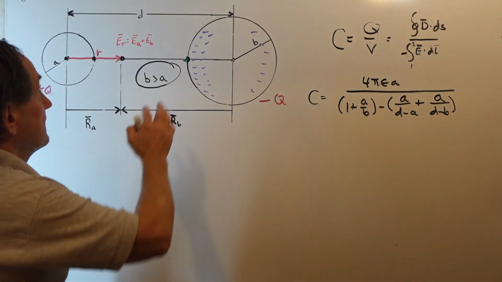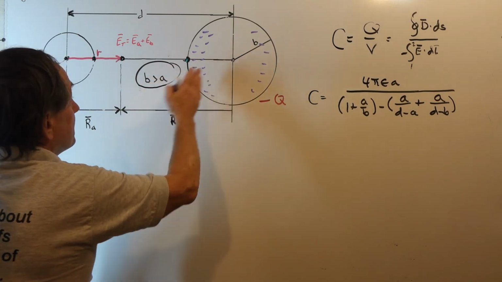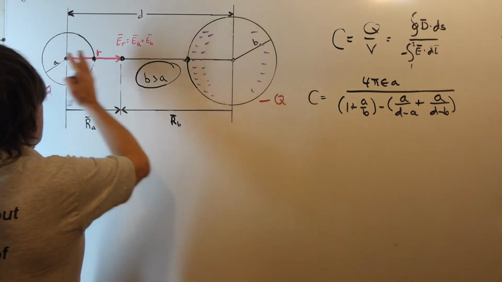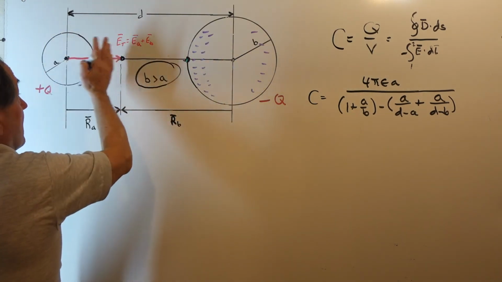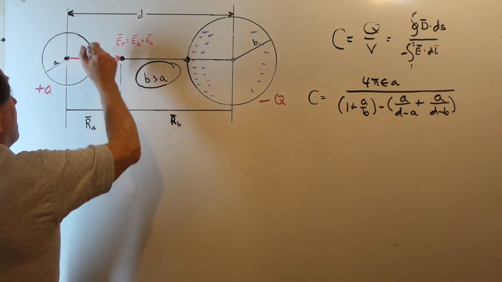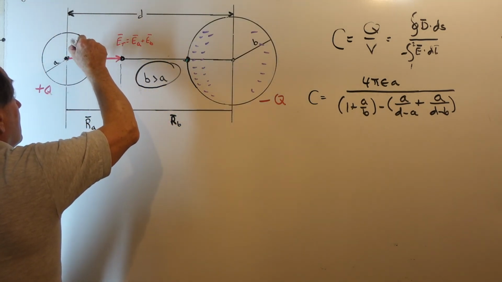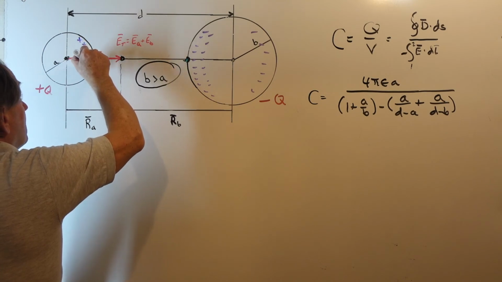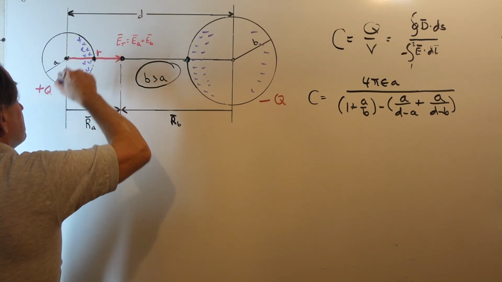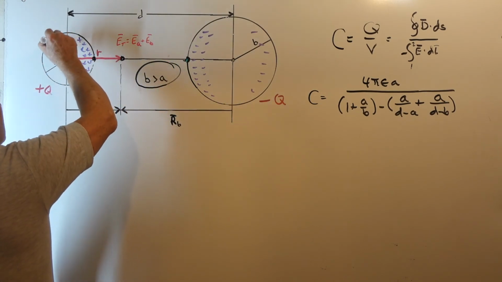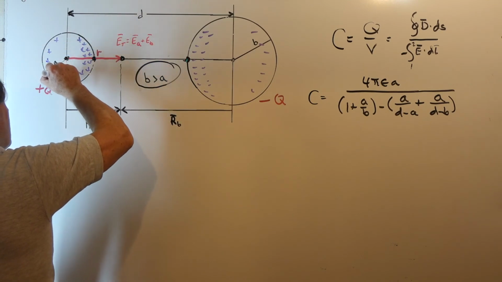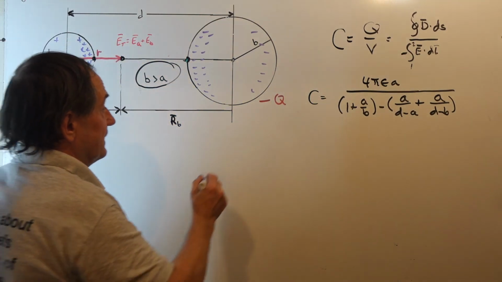And likewise, the field of this sphere, this being minus Q, pulls more of the positive charge on this sphere over to this side. This is called the proximity effect.